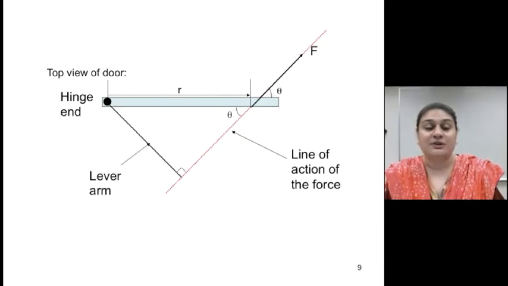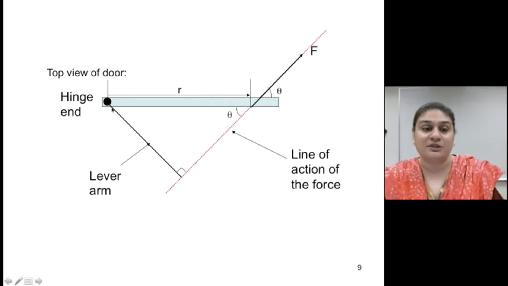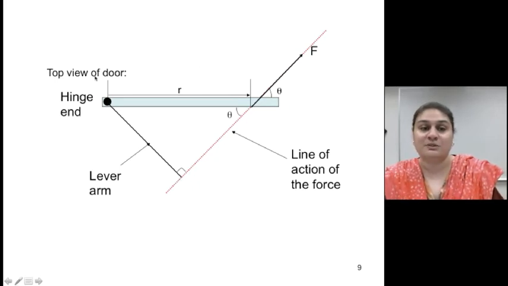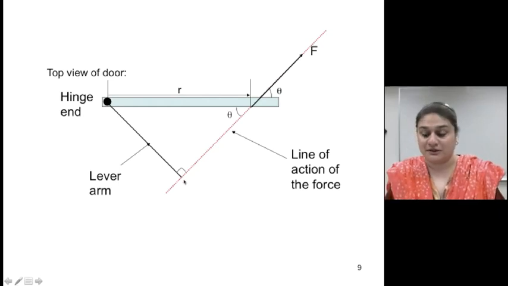This means that your lever arm is now going to be the one that is perpendicular to the line of action of force. There's going to be only one point when you would connect the axis to the line of action of force where the angle will be completely 90 degrees. You could make it go like this and the angles will never be 90, or here or here. This angle has to be 90 degrees.